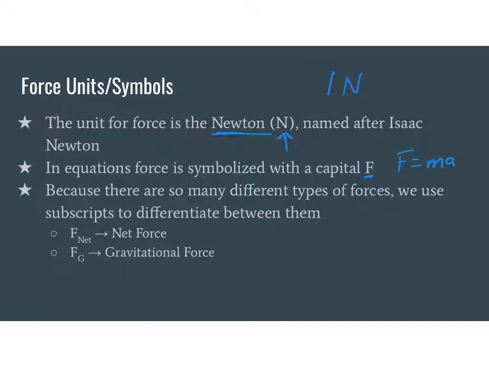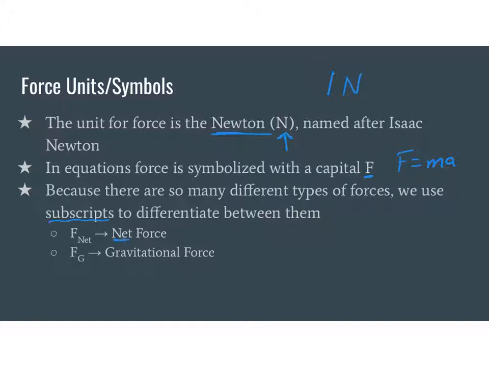Now we do have a vast array of different types of forces, and so in order to distinguish between the different types, we're going to use subscripts, similar to how we use subscripts to specify any variable. A couple quick examples here, and we'll talk about some more in a minute.